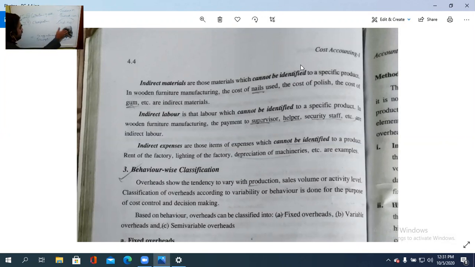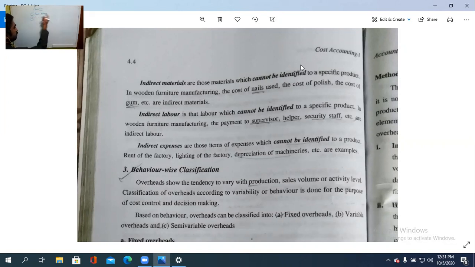So firstly, function-wise classification. What is that?